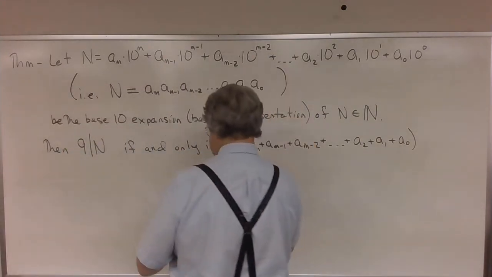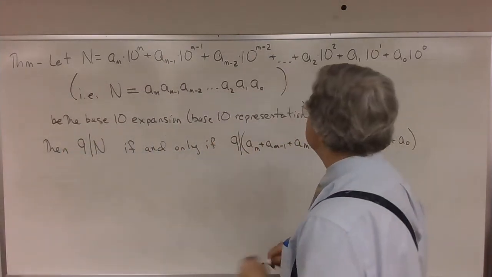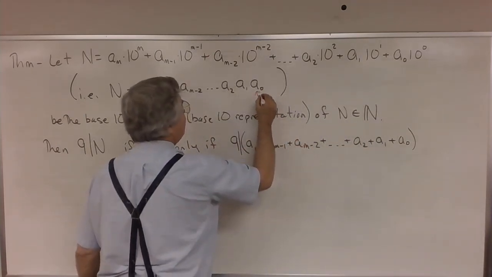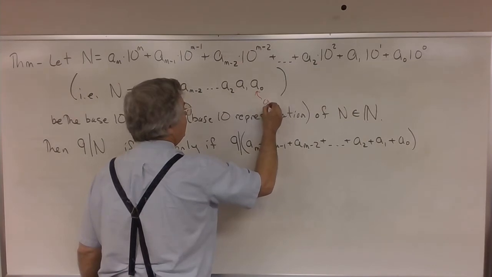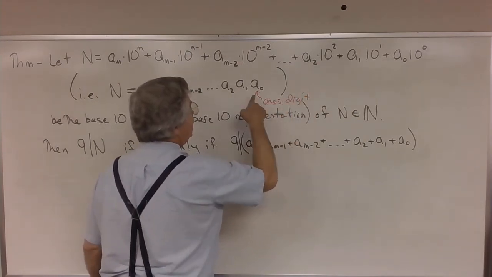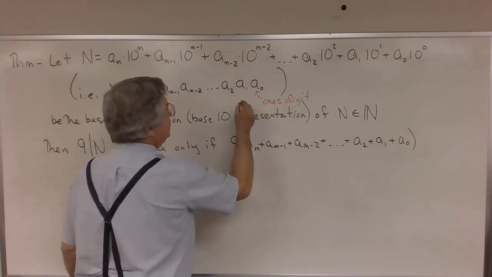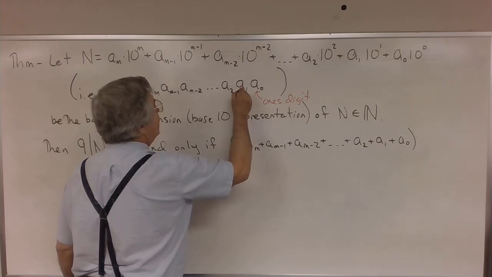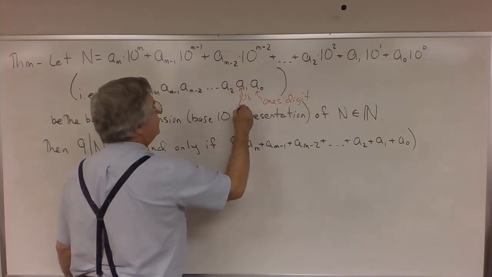So in other words, this is the ones digit. This is the tens digit.